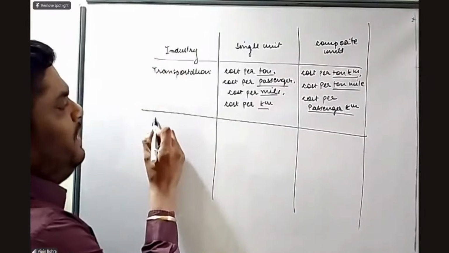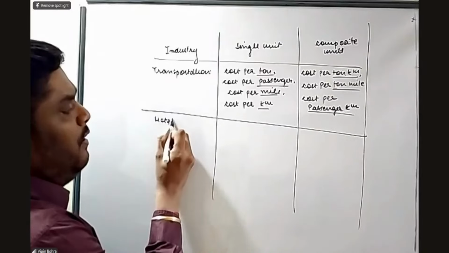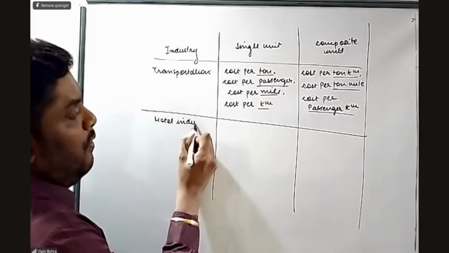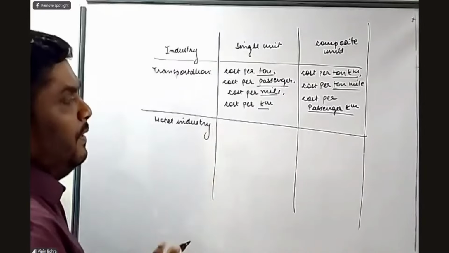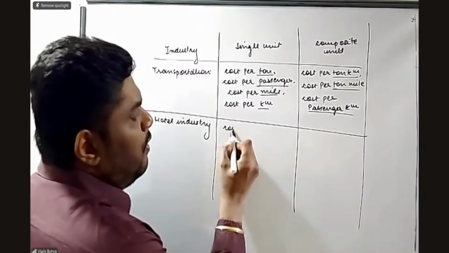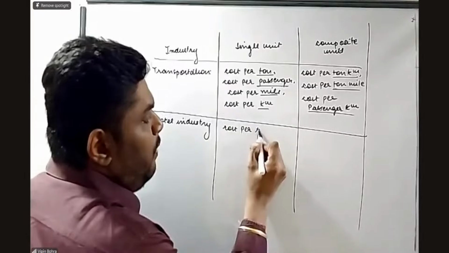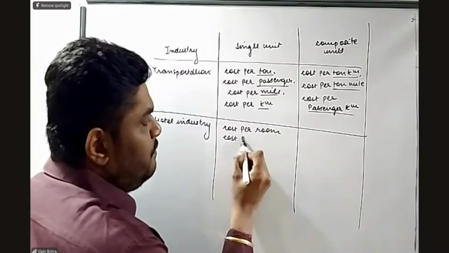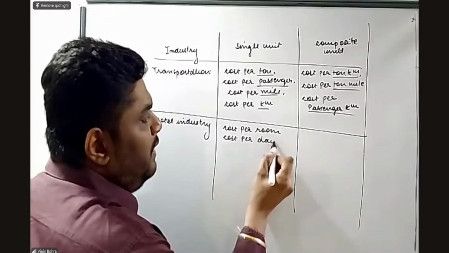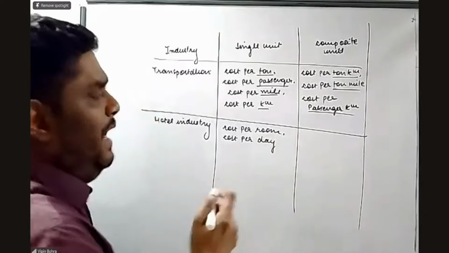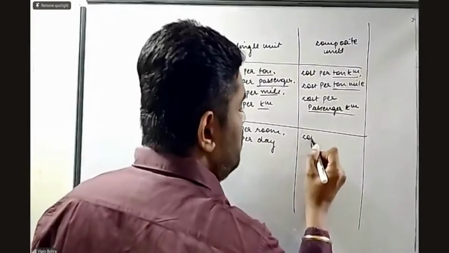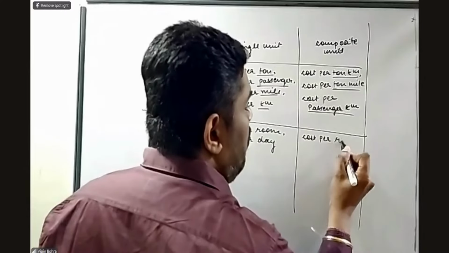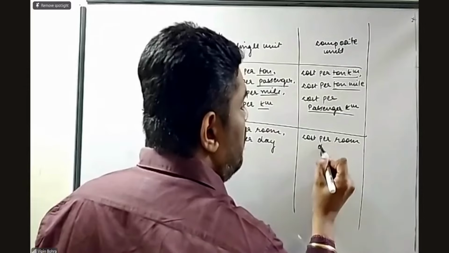Apart from this, when talking about the hotel industry, it can be cost per room, cost per day, and in composite unit it will be cost per room day.